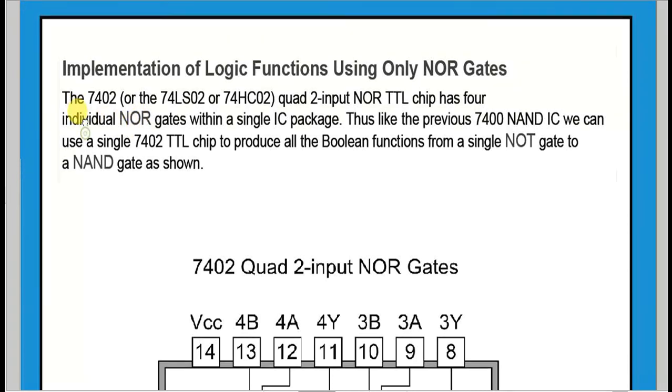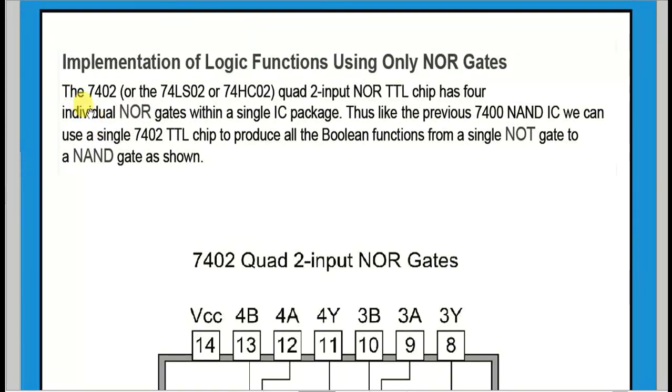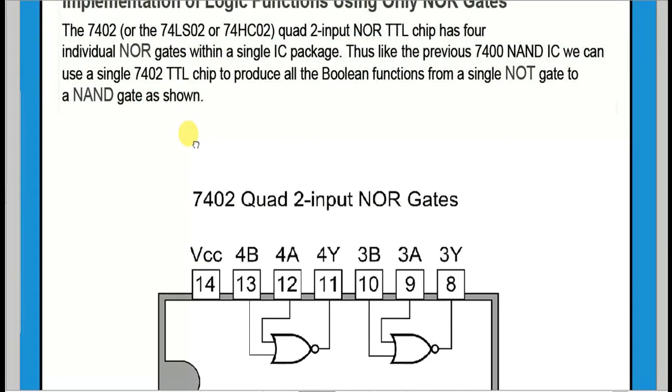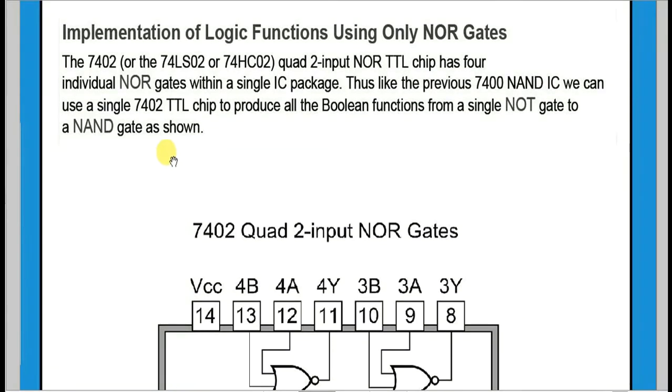The typical example here is the IC which we use, the NOR gates only, the 7402 or 74LS02 or 74HC02, which is a quad 2 input NOR TTL chip IC, has 4 individual NOR gates within a single IC package.